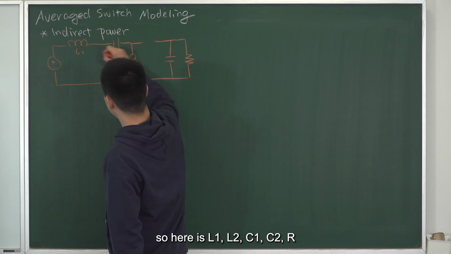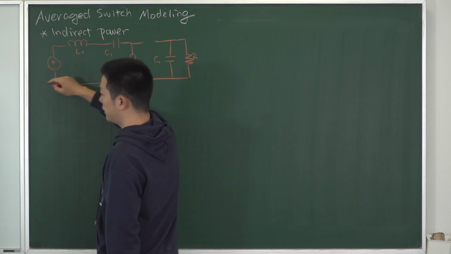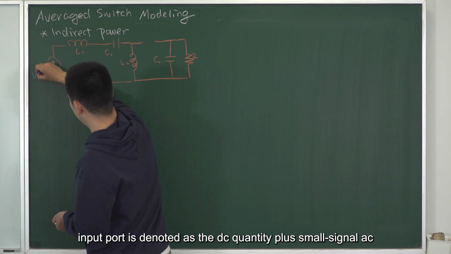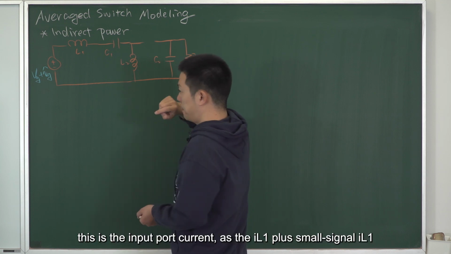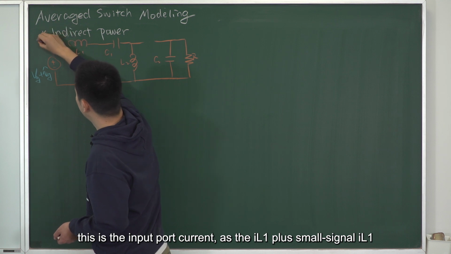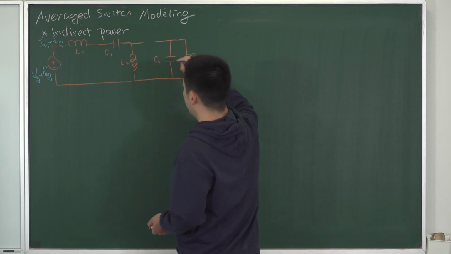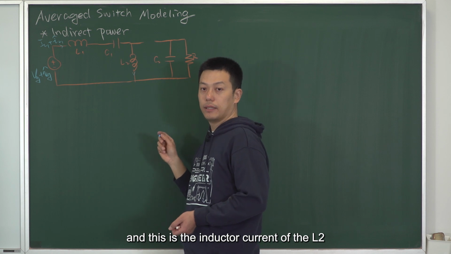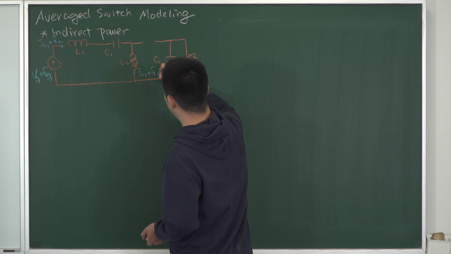So here is L1, L2, C1, C2, R. Input port is denoted as the DC quantity plus small signal AC. This is the input port current as the IL1 plus small signal IL1. And this is the inductor current of the L2, so IL2 plus IL2 cap.